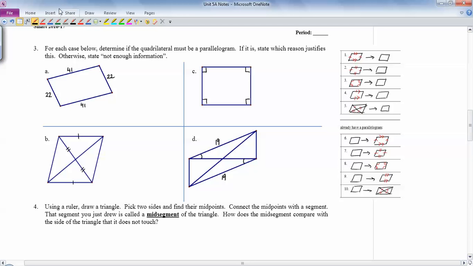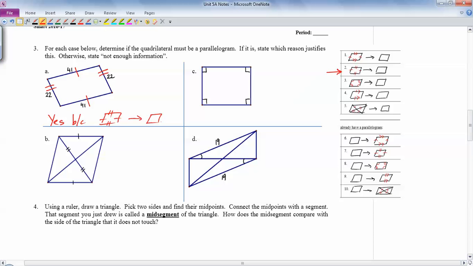So in A, notice the 41s are the same. So these guys are congruent. And then the 22s are the same, so those guys are congruent. And if you actually look at it, that's enough to say that this thing has to be a parallelogram because of reason number 2. So this one is yes, because we have both pairs of opposite sides congruent, so we get a parallelogram.